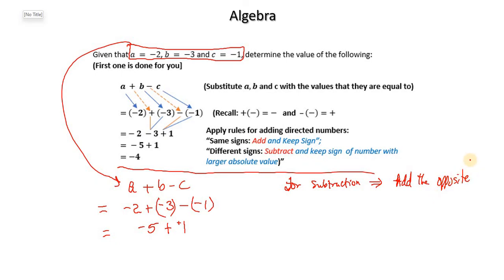So if it's -2, it becomes what? +2, right? If it's +2, it becomes -2. So add the opposite.